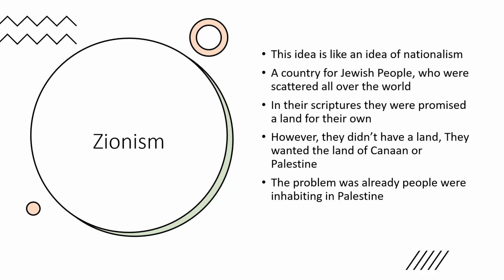So you want a land for yourself, but the people are actually living there. Palestinians are still living there. It's not like it's an empty land that you want. Anyway, that was the problem, and that is the beginning of the problem that we're still seeing in this world, in this era of ours.